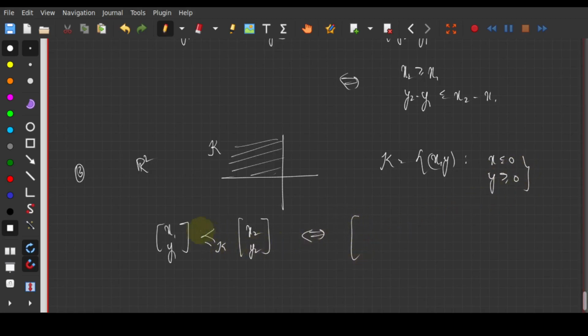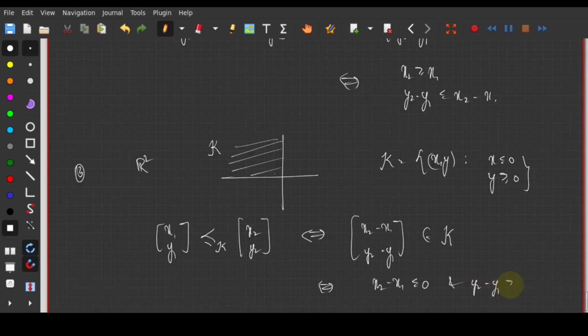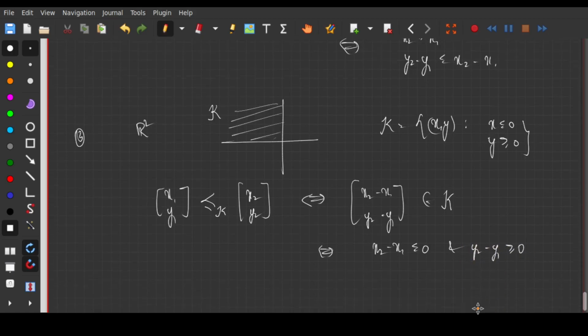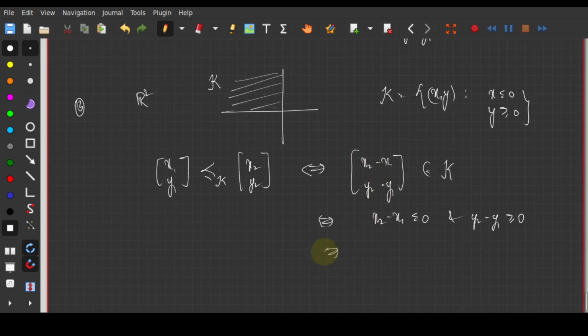So by definition, (x1, y1) is less than or equal to (x2, y2) if (x2 minus x1, y2 minus y1) is in the cone K, and that means x2 minus x1 is less than or equal to 0 and y2 minus y1 is greater than or equal to 0, which is the same as saying that x2 is less than or equal to x1 and y2 is greater than or equal to y1.